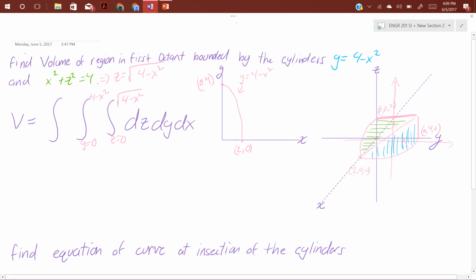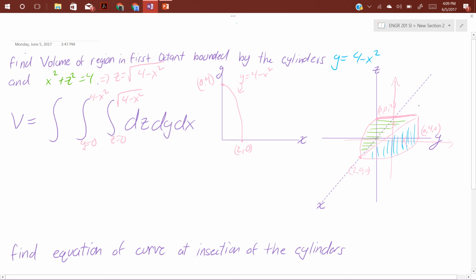And then the last part, we have to worry about our x values. Where is x going to and from? Since we've already covered all of our planes and all of the equations that we need to account for in finding the volume, all we care about is where x goes to and from. So when it hits this plane, x is at 0.